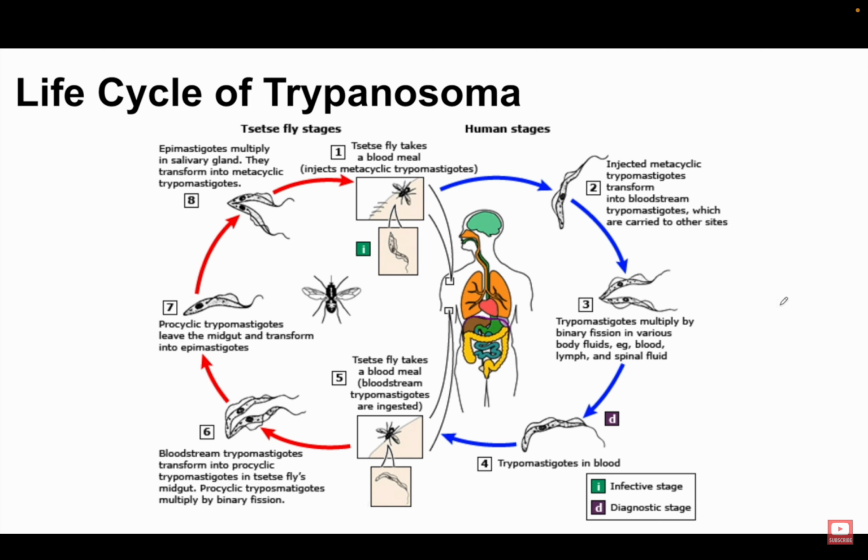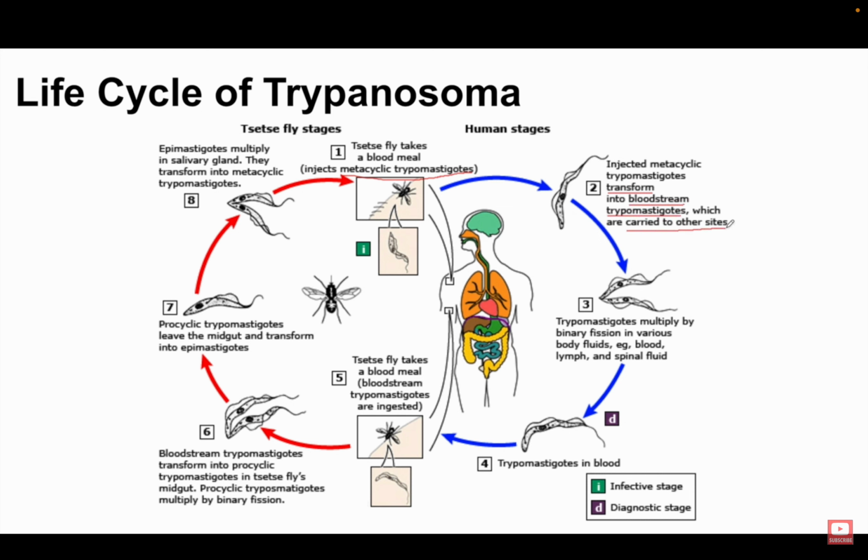When a tsetse fly encounters a person, that tsetse fly can take a blood meal or bite that person. And when they bite the person, they actually inject metacyclic trypomastigotes. Once these metacyclic trypomastigotes are inside the person, they can transform into bloodstream trypomastigotes. And then they can be carried to other sites in the body.